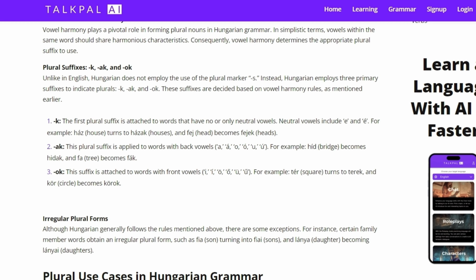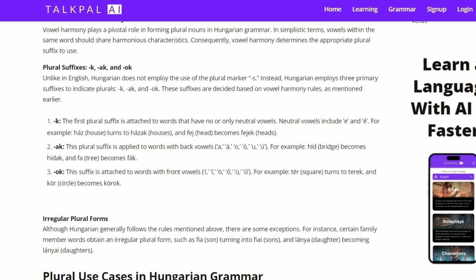For example, híd becomes hidak. So the plural form of híd, it means bridge, is indeed hidak. Yes. But it might seem confusing at first glance, given the rule for pluralization in Hungarian according to the website, right?